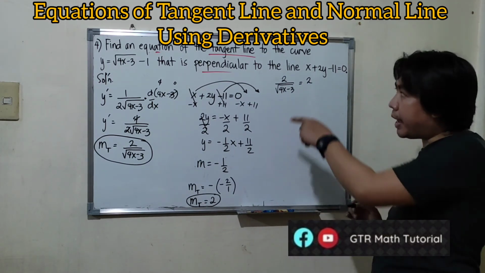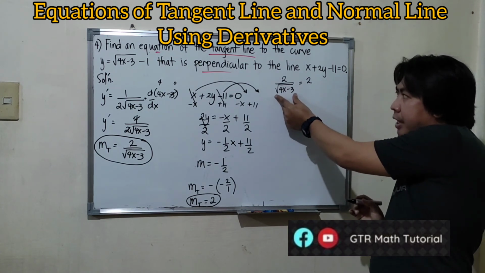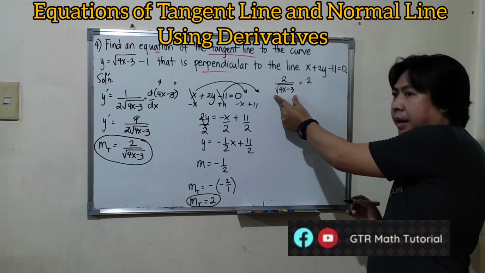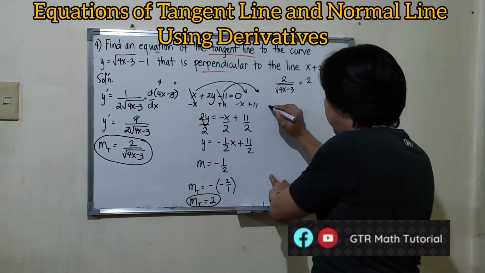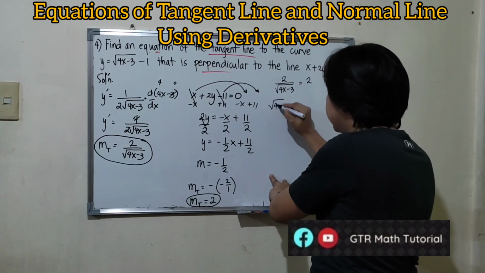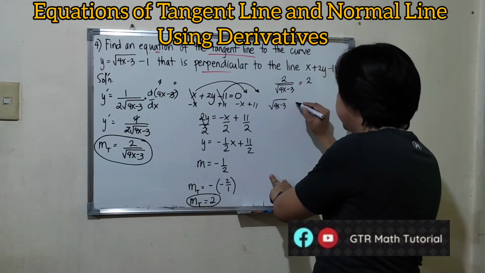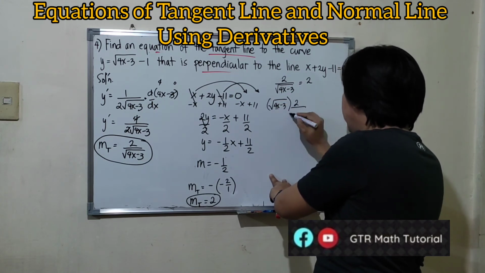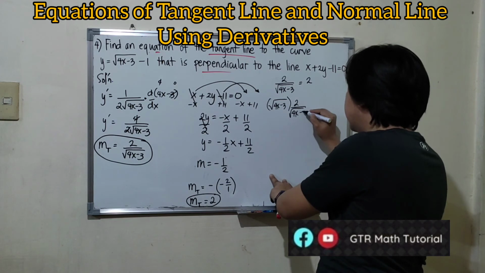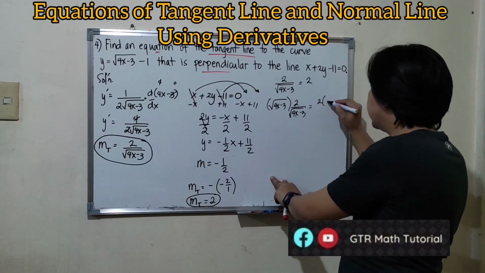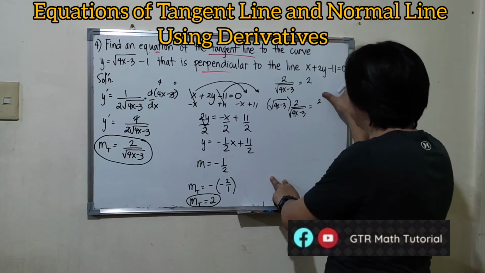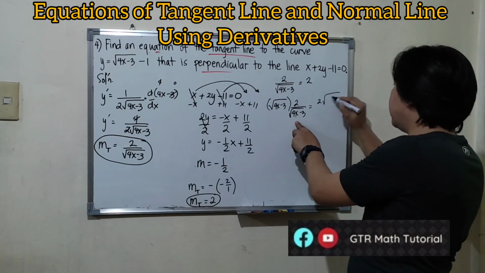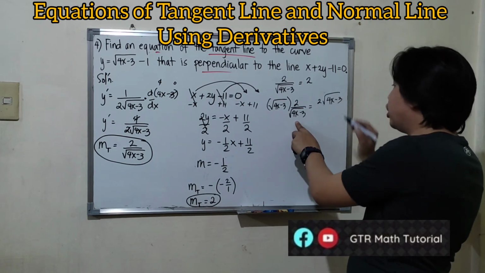So just cross multiply. We have a denominator, so multiply both sides by the denominator, square root of 4x minus 3. So 2 over square root of 4x minus 3 equals 2 times square root of 4x minus 3.